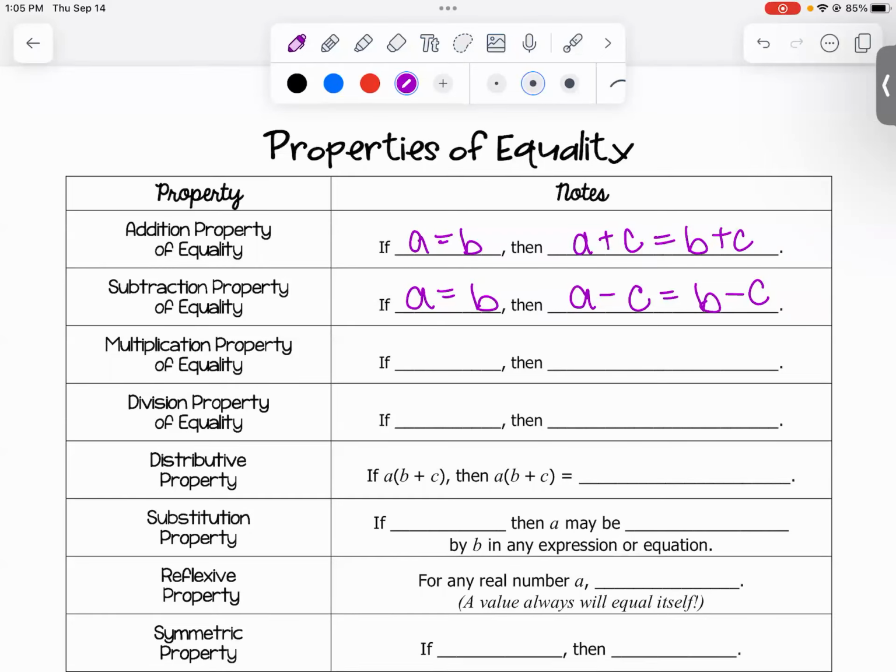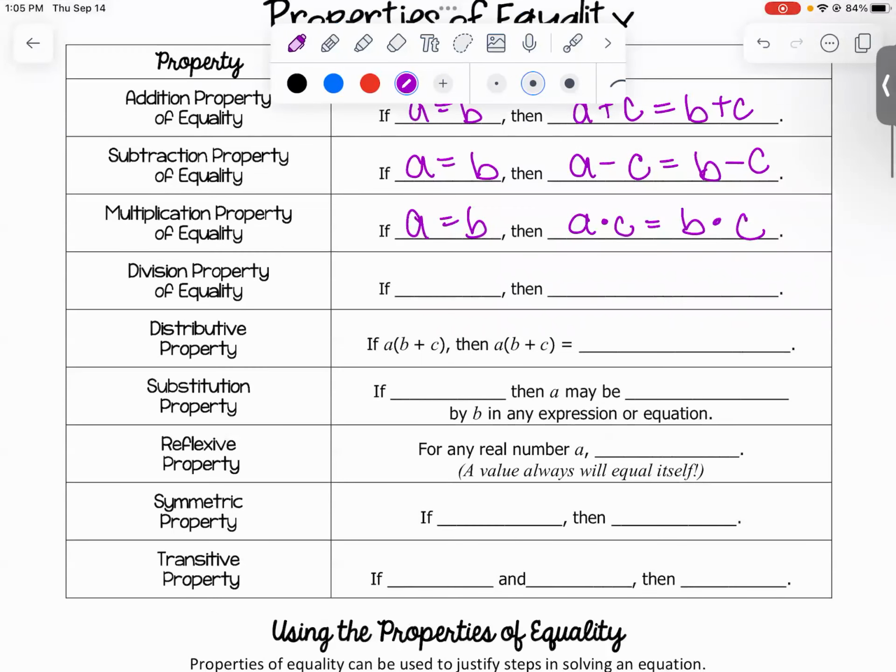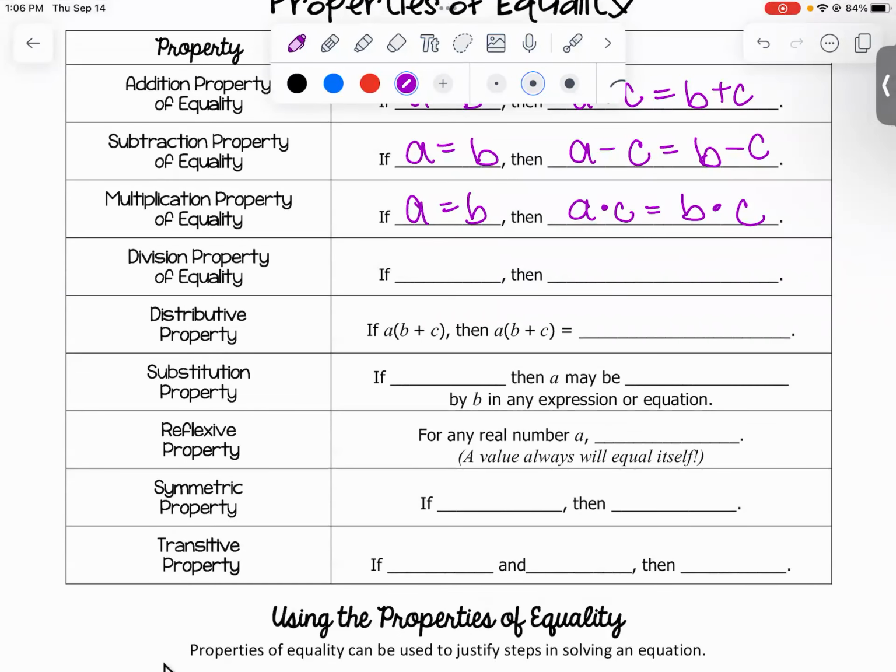Okay, multiplication property. A equals B, then A times C equals B times C. The division property.